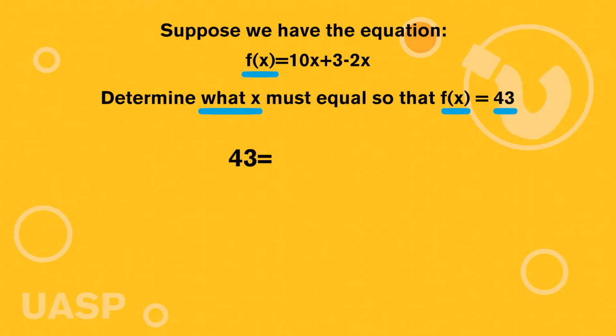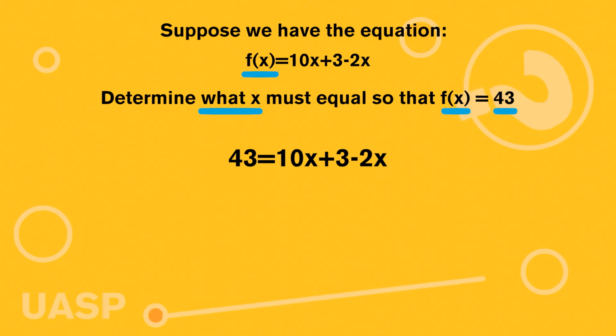So we have 43 equals 10x plus 3 minus 2x. Now from here, we can combine like terms, because the x variables are both raised to a power of 1. Since this is a negative 2 here, we'll subtract 2 from 10, which gets us 8.